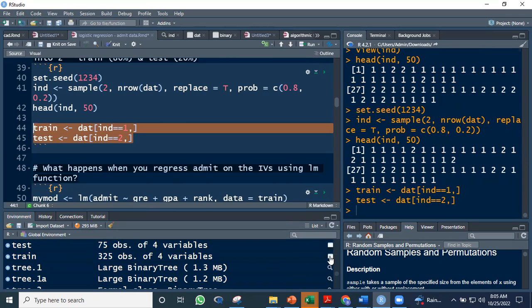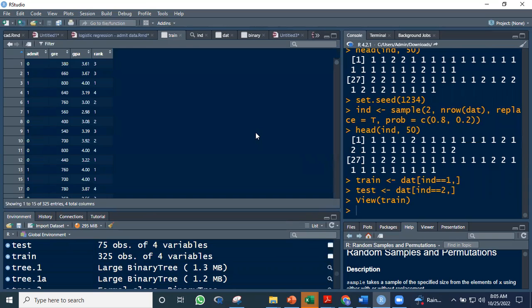If I click this, so notice, who got into the training data set? 1, 2, 3, 4, there's no 5, right? Because 5 went to the testing data set. Who else? 14 is missing. So here, 1, 2, 3, 4. 5 is group 2.